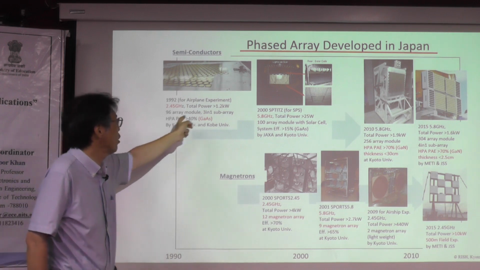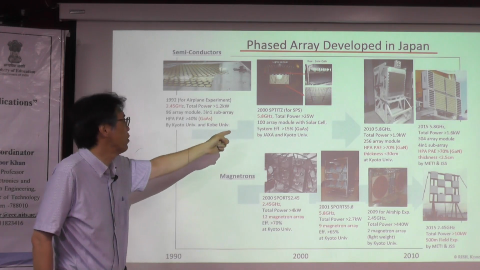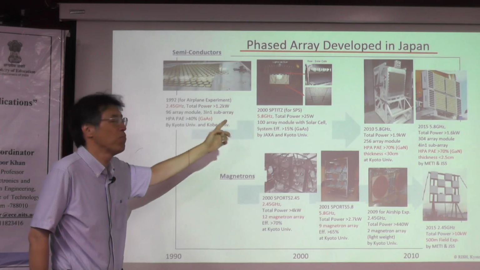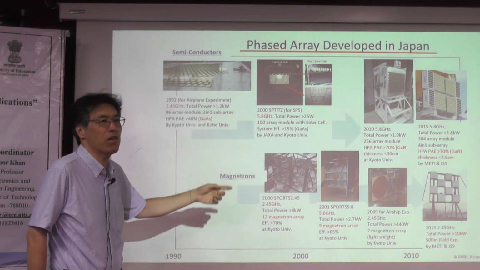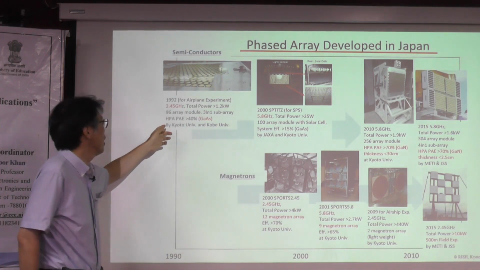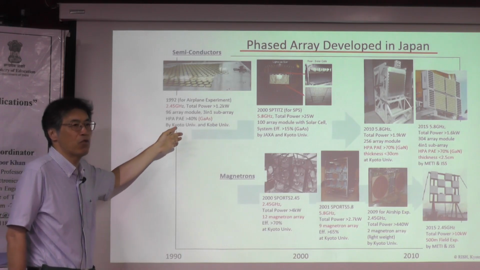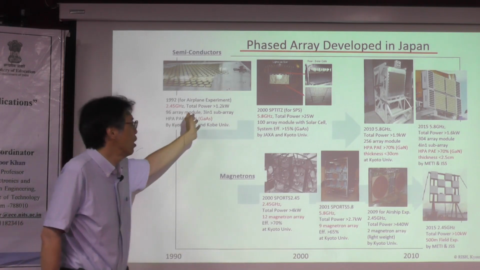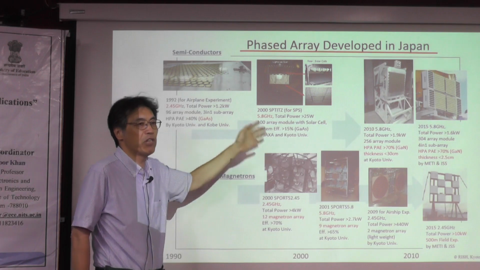About 10 years later, we developed a split solar power satellite model with help of JAXA or other Japanese colleagues. At that time, in 1992, the frequency was 2.4 gigahertz, and 10 years later, we increased the frequency.